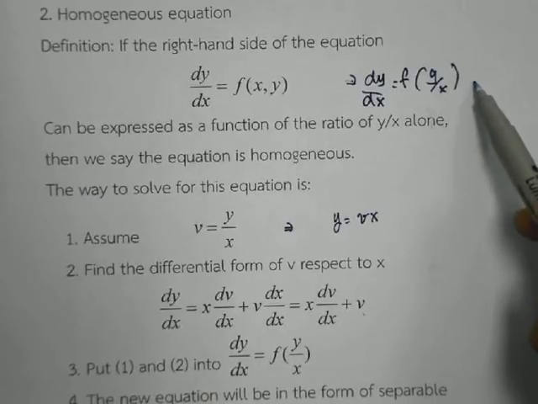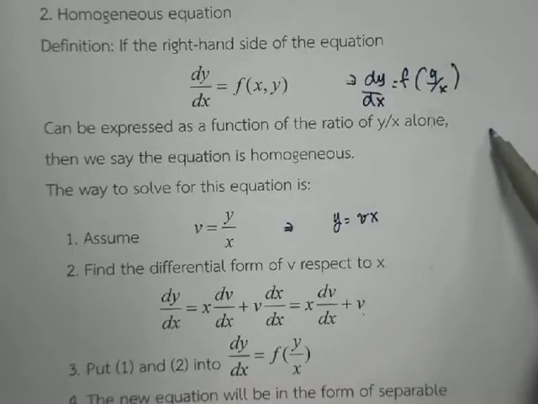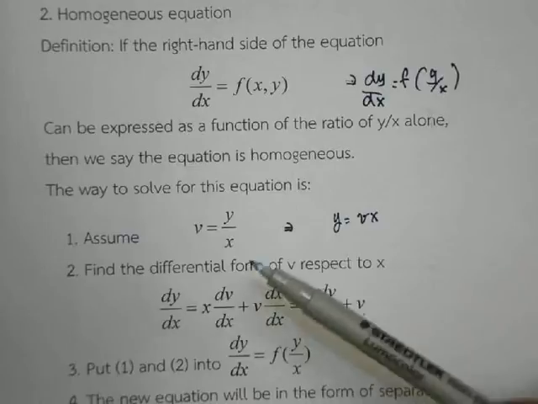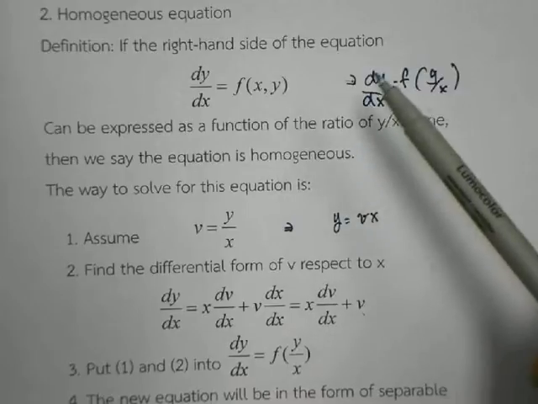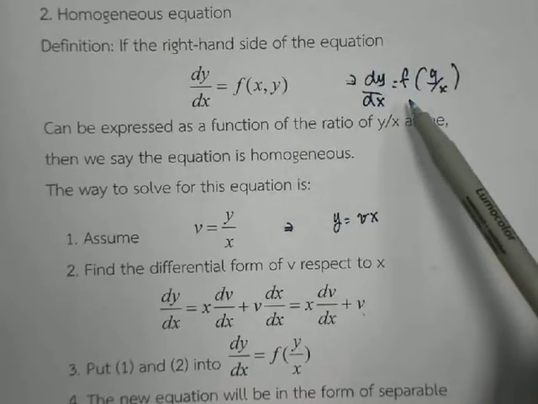Since your equation is in the term of y over x, and our assumption is v equal to y over x, we can change the differential equation into dv by dx as a function of v and x.